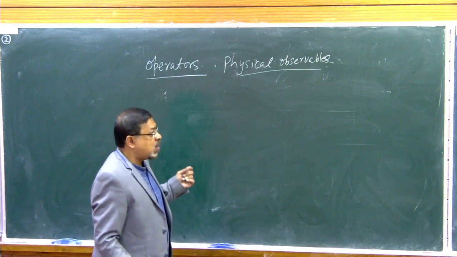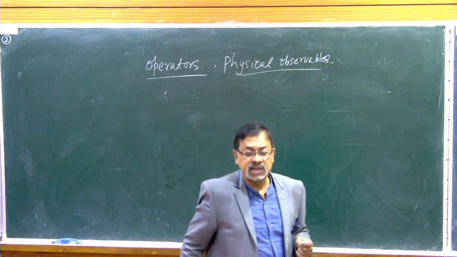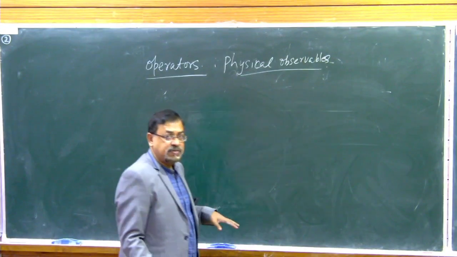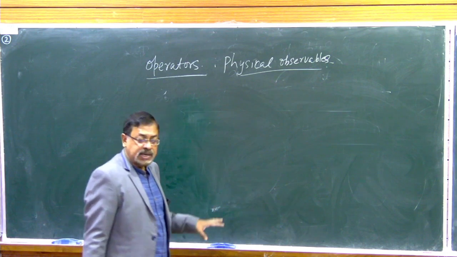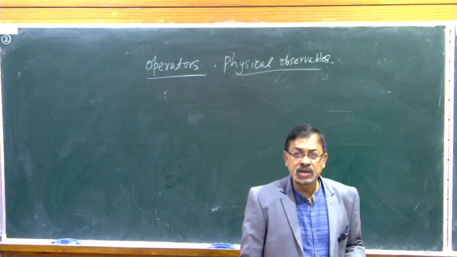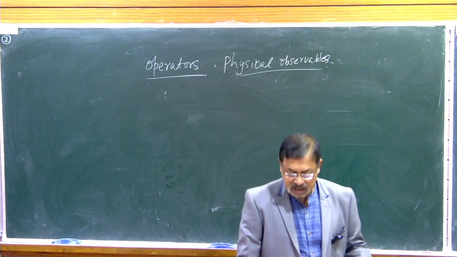It only acquires meaning if we take a mod square of that, which becomes a probability density, which when integrated over all space will give you the total probability of finding the particle, equal to 1. Now we are talking about operators, and they have the property that they are Hermitian, which means that they have real eigenvalues.